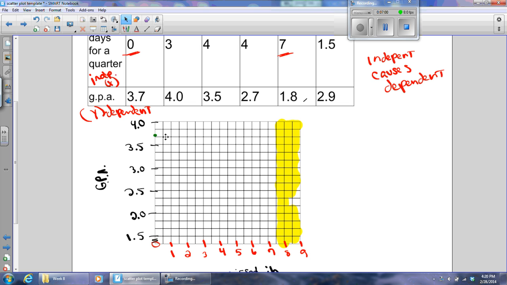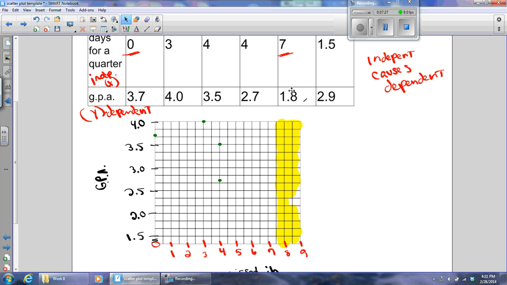I need one at 3, 4.0, so there'd be a point there. Let's see here. I need one for 4 days at 3.5. And then I need another one at 4 days at 2.7. Well, 2.75 would be smack in the middle, so it's just going to be a little bit below.